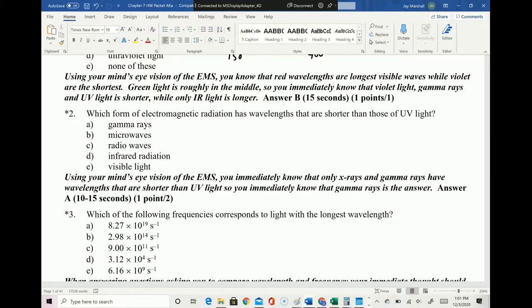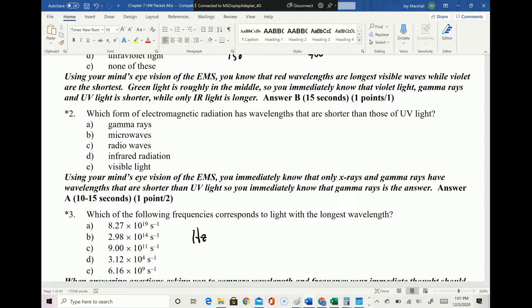Light with the longest wavelength means with the lowest frequency, right? So which one of those is the lowest frequency? And remember, that means hertz, right? That's frequency. Yeah, it's D, right? That's the lowest frequency.